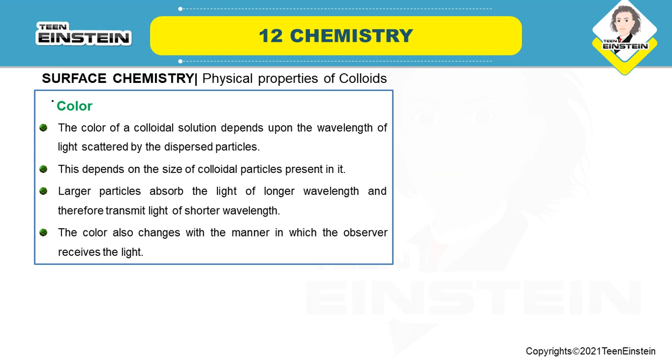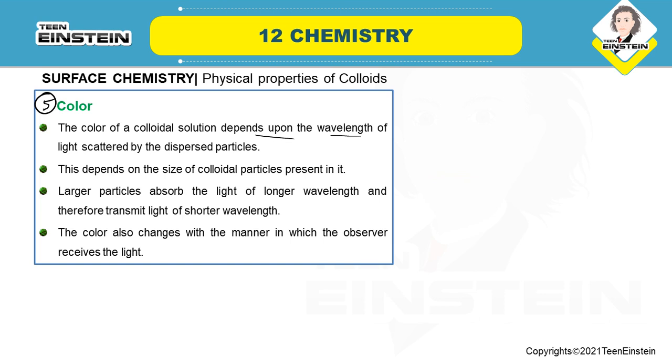Fifth point, color. Now this is very important. The color of colloidal solution depends upon the wavelength of the light scattered by the dispersed particles. Now the size range, as we know, is 1 nanometer to 100 nanometer. Depending on the size of the colloidal particles, it will match with the wavelength of light.